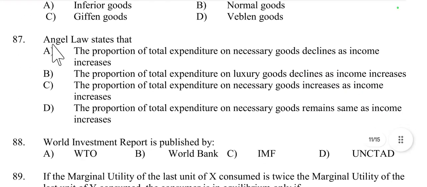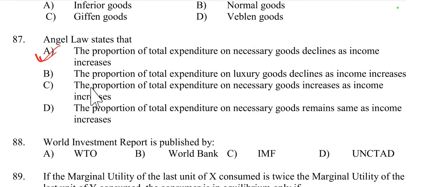Then question number 87, what does Engel's law state? The proportion of total expenditure on necessary goods declines as income increases. Yes, this is the right statement of Engel's law.